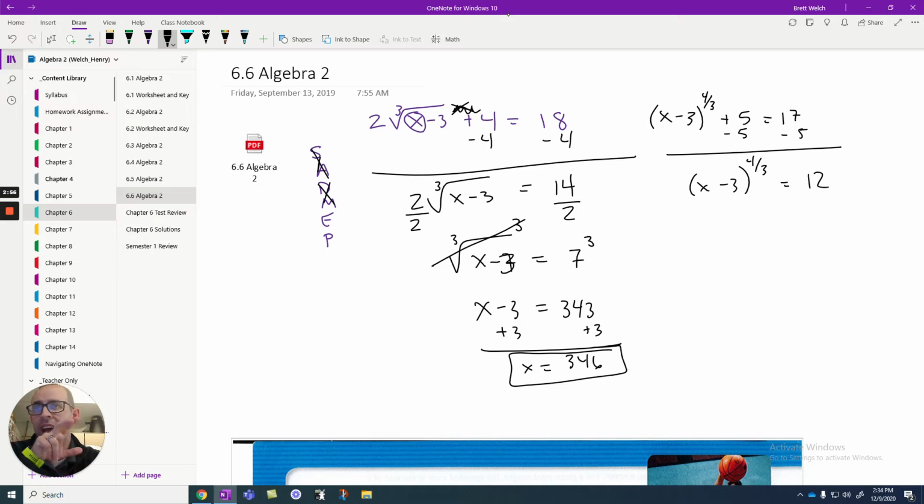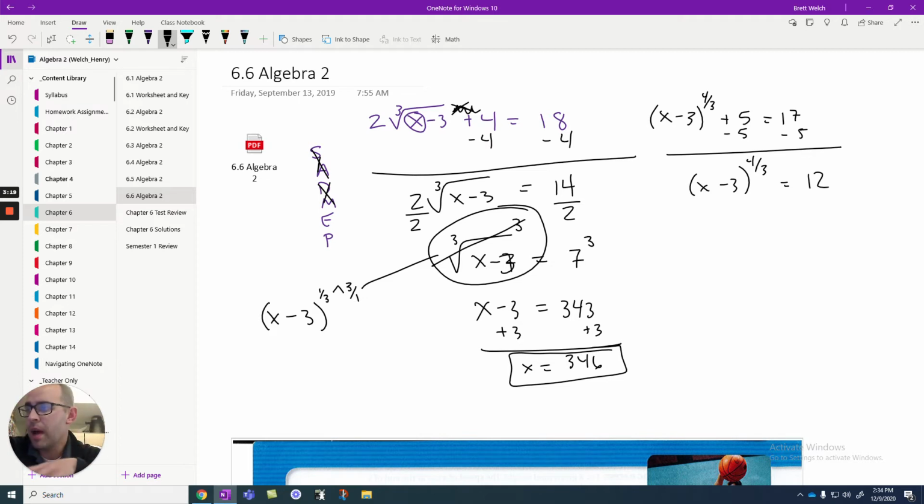Now comes the question, how in the heck do we get rid of a 4/3? Well, if we look over here at this step we did with the cube root, we had a cube root, and if we remember that a cube root is the same thing as a 1/3 exponent, we raised that to an exponent of 3. I'm going to write it as 3 over 1.